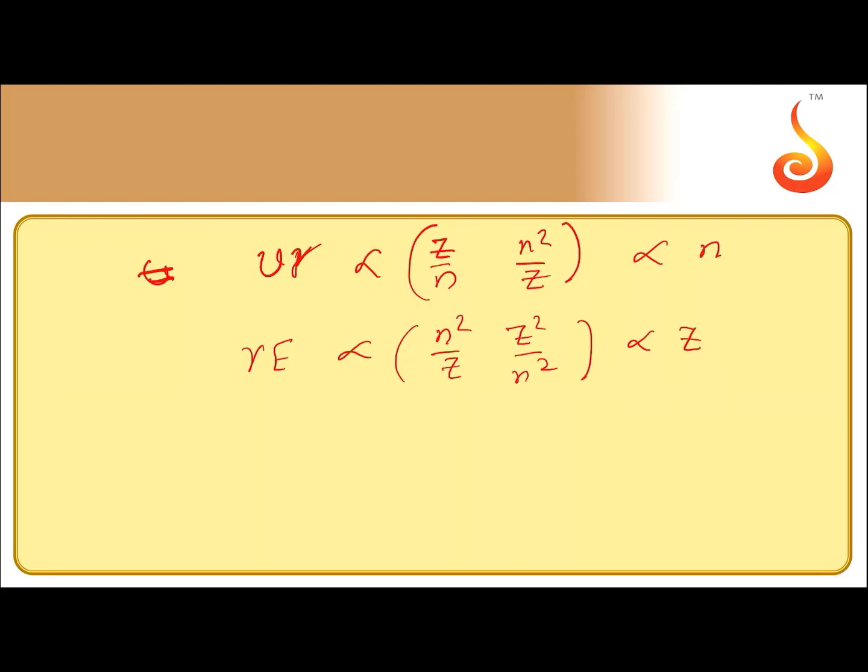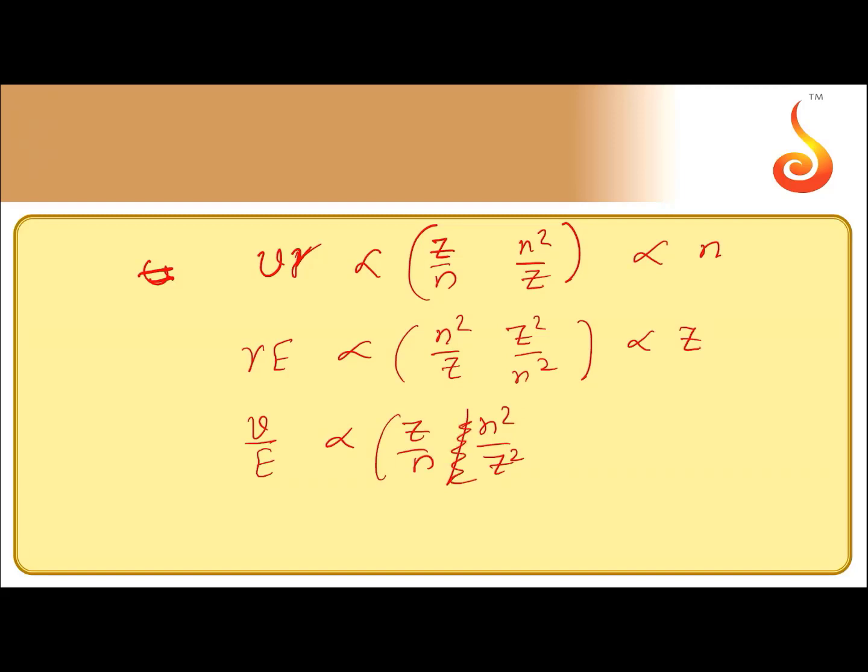Third one, V divided by E. This is proportional to V, which is proportional to Z by N, while E is proportional to Z square by N square. This is divided by this term, remember.